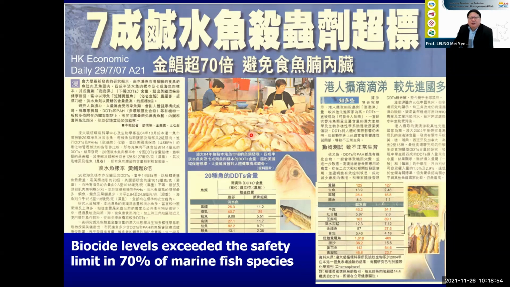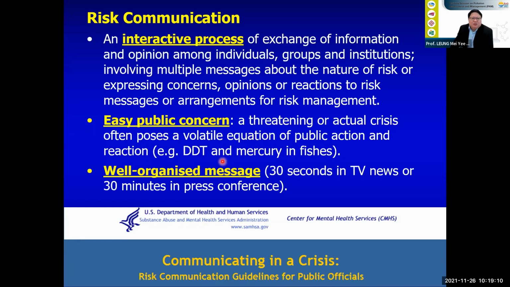So sometimes in this crisis situation, if we cannot diffuse or channel our correct message to society, that will create this unwanted response. That's why risk communication is essential, because now we have the scientific evidence and know what to do to minimize the risk. We have to share this information with citizens. Risk communication is a two-way, interactive process to exchange information with various stakeholders and the general public.